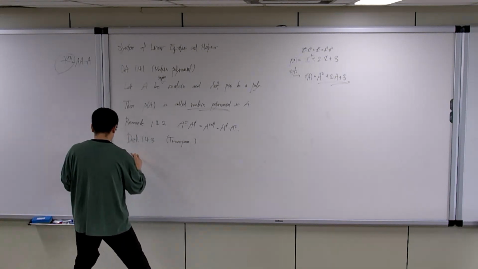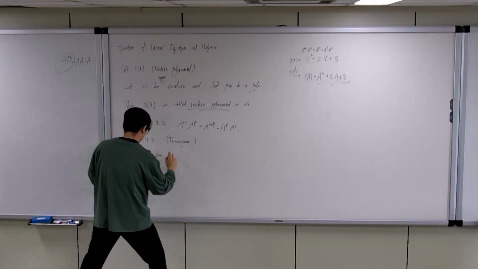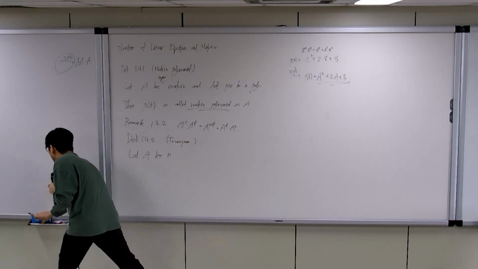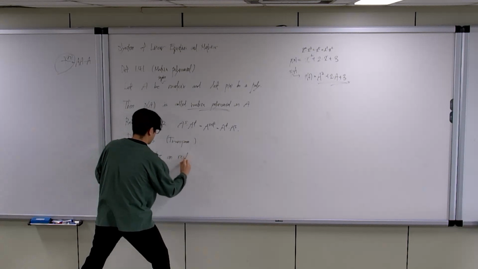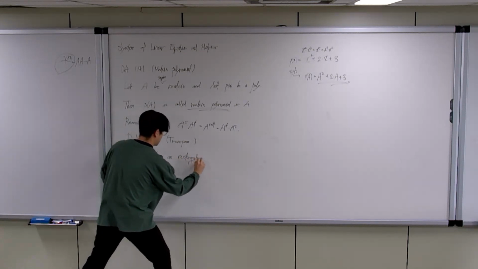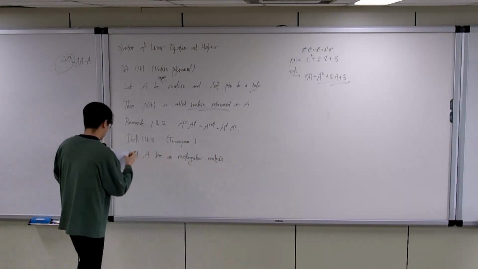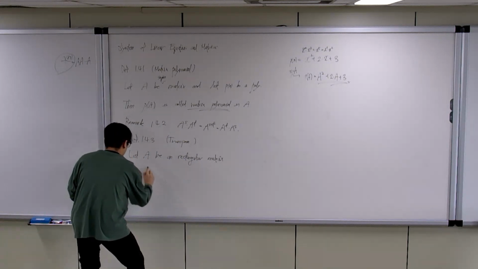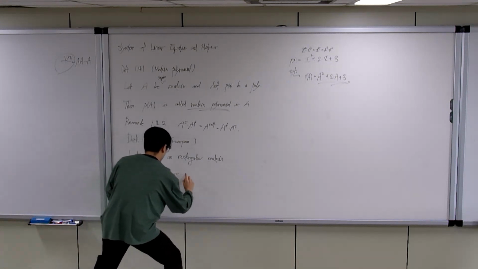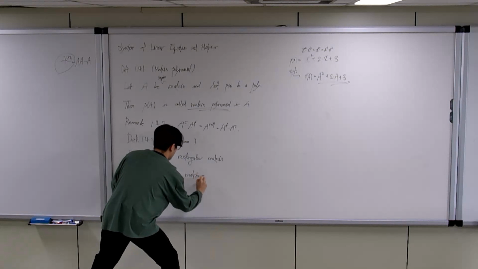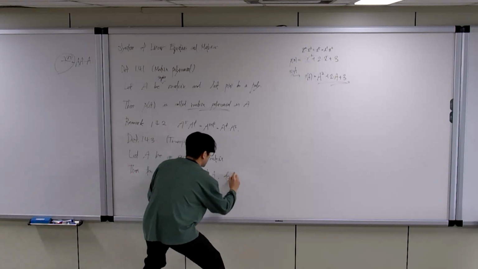To explain this, I will define first: let A be a square matrix, not a rectangular matrix. Then the transpose matrix of A is denoted A to the T.